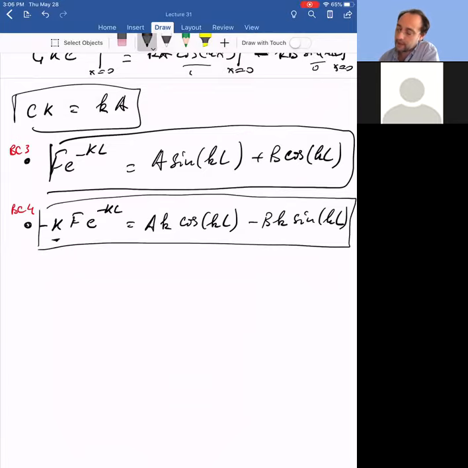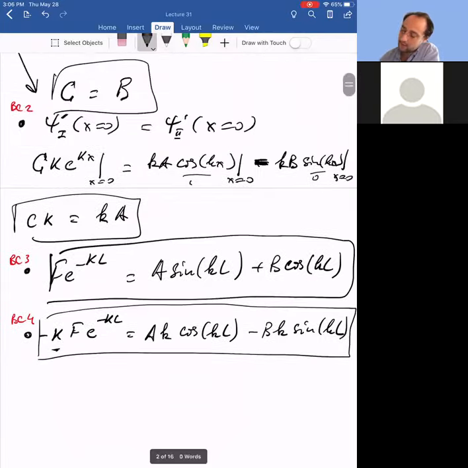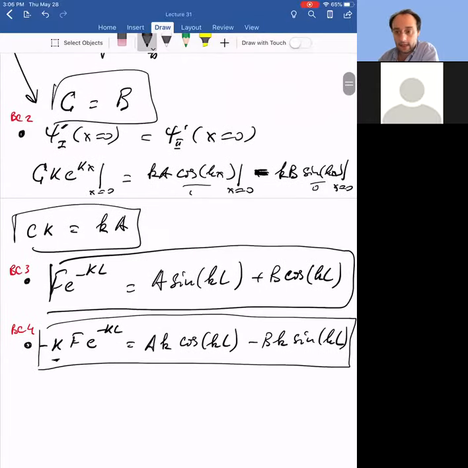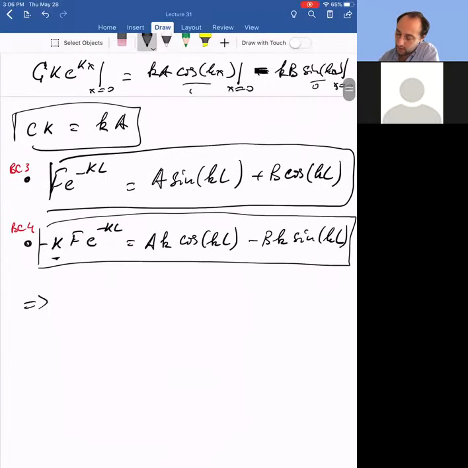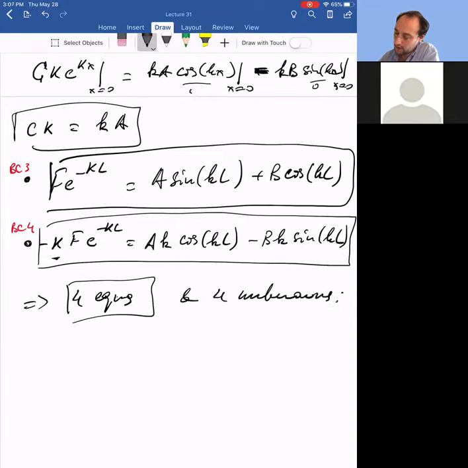Now I'm boxing them, not because they're super important, but so that you can see there's 4 equations and 4 unknowns, right? What are the unknowns? A, B, C, and F. In principle, we can solve 4 equations and 4 unknowns.